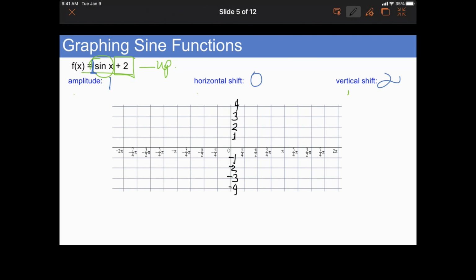That's why we don't number the y-axis. Don't forget you need to do that. Okay, parent function of sine. Start at 0, remember? And the period is going to go to 2 pi. Cut it in half. That's at pi, and that's going to be 0. I'm going to cut that in half here. It's going to be 1, and then down 1.